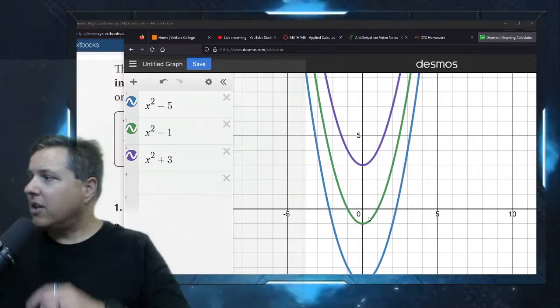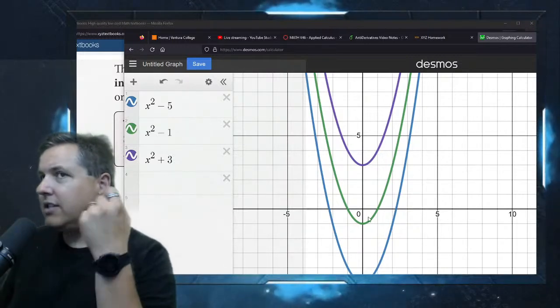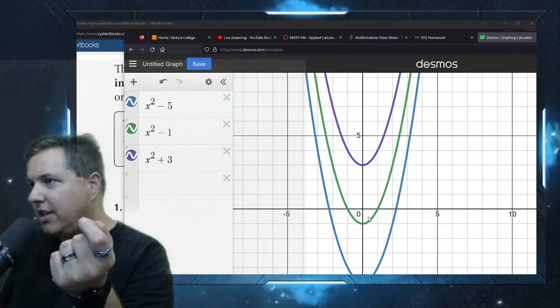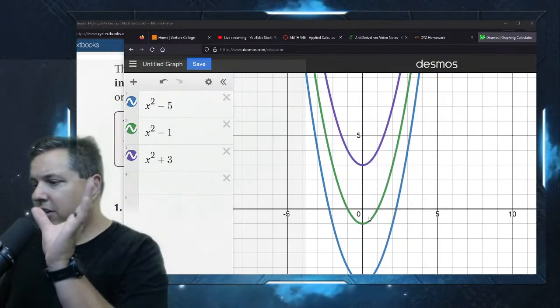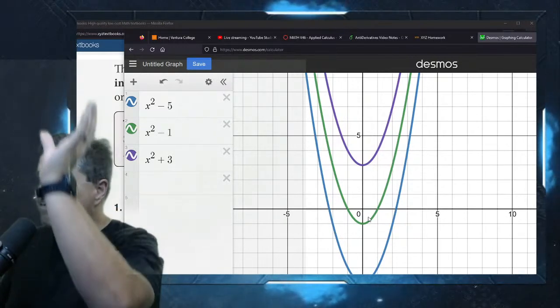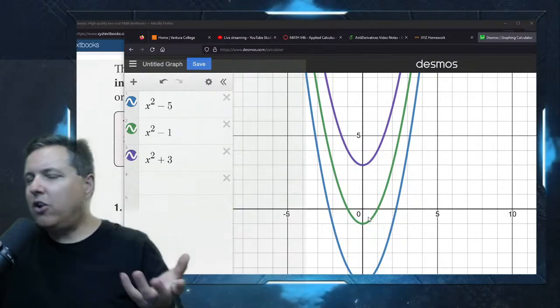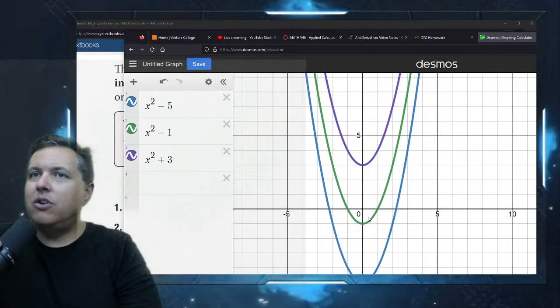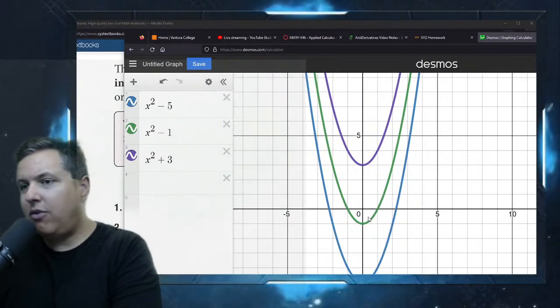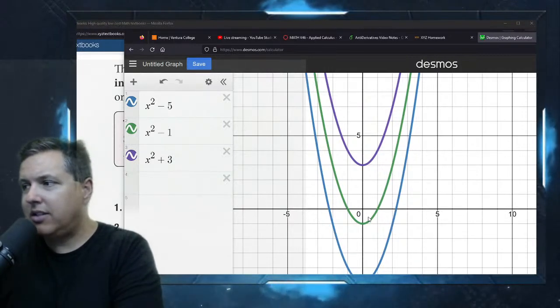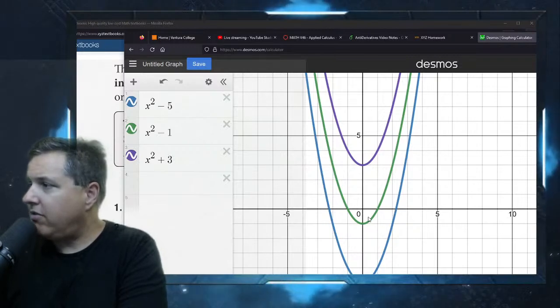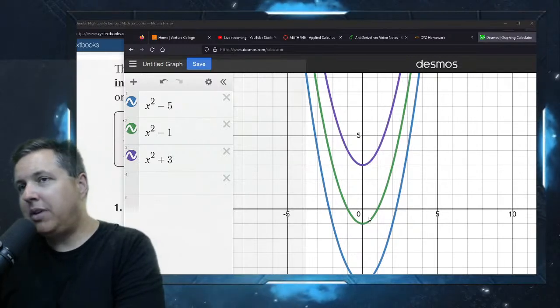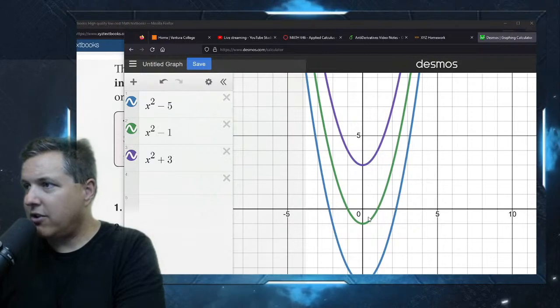So what does that make them? If we think back to our translations, that makes them all vertical translations of each other. They're the same function, but just shifted up or down. And yet they all share the same derivative. Okay, so it would appear that functions that differ by a constant share the same derivative, and they all end up being vertical translations of each other.